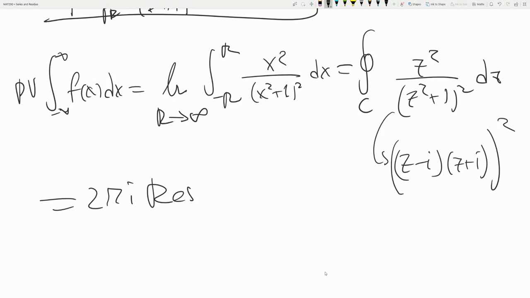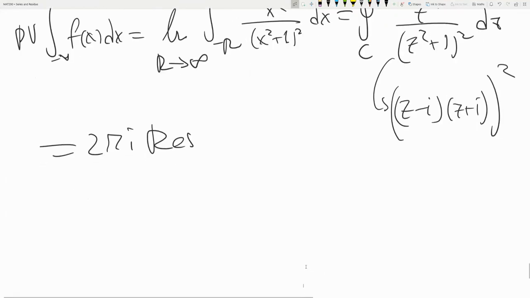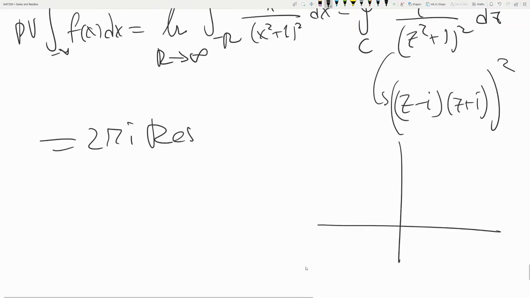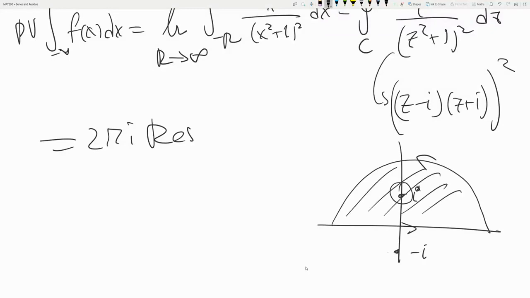So the poles are minus i and plus i. Okay, and here's the contour, and here are the two poles. But the only pole that matters is the one inside. So we only have a single pole at z equal i. So f(z) at i, and that's it. There is no other pole. And as you can see, it's order 2.